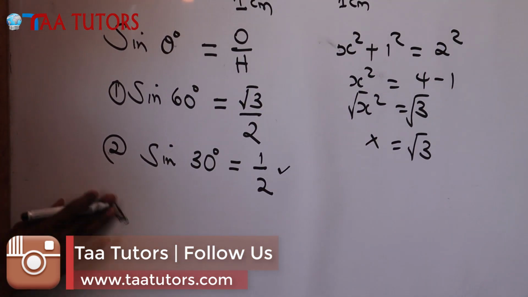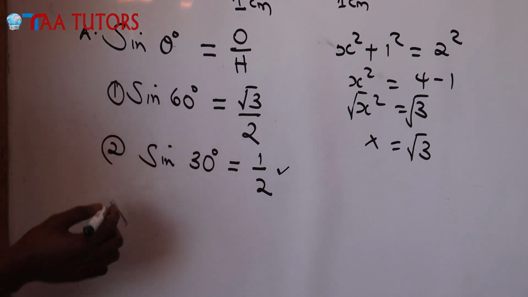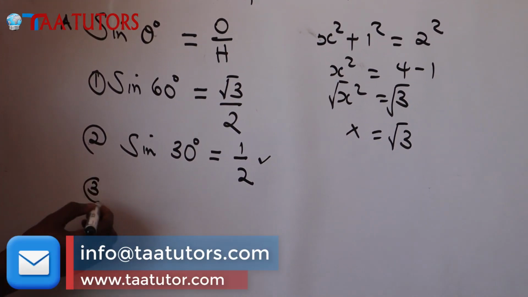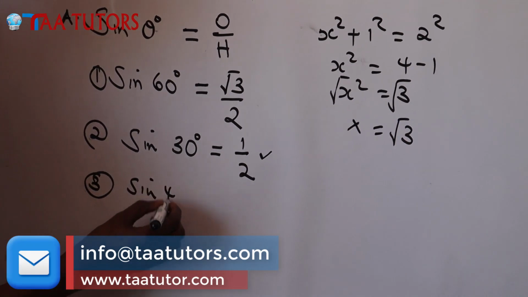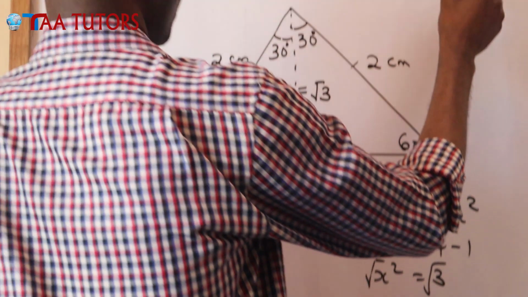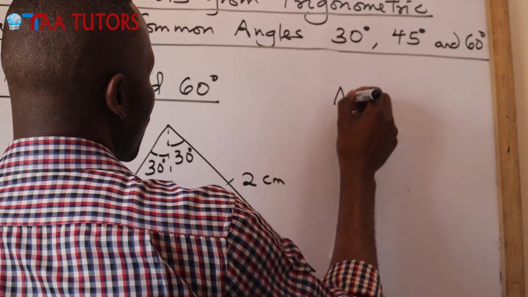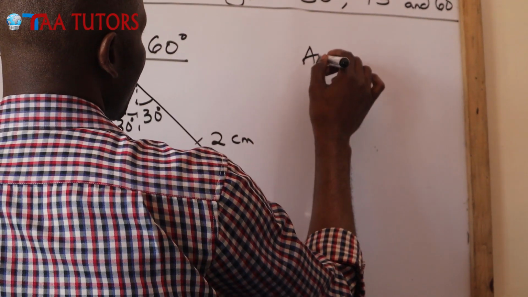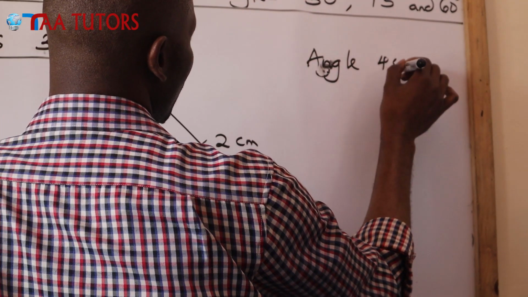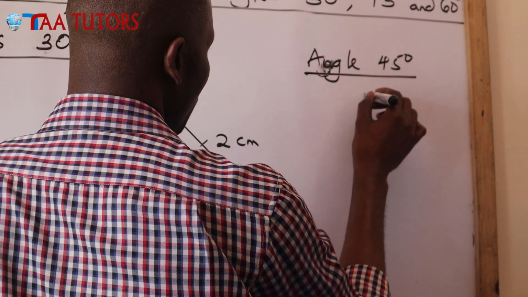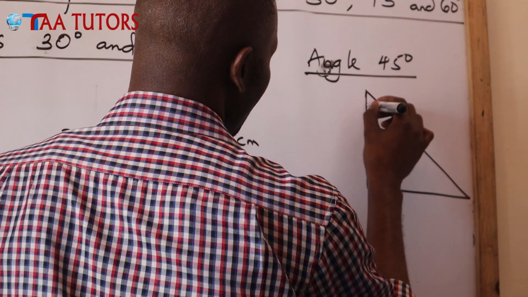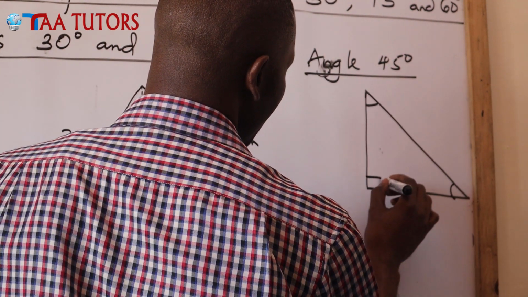Number 3, we're still dealing with the sine. What about sine 45 degrees? We have to get another angle, so let us talk about angle 45. For angle 45, you have to get another triangle to deal with it. For angle 45, we expect an isosceles triangle, which has 45 here, and this is 90.